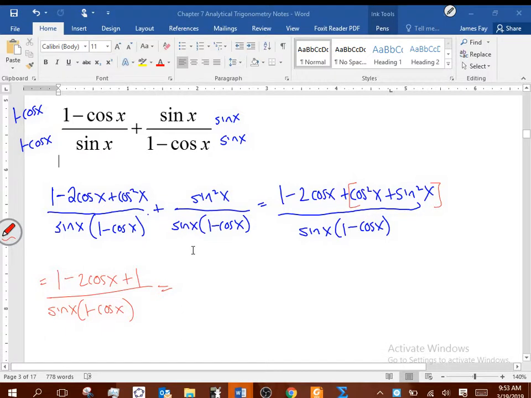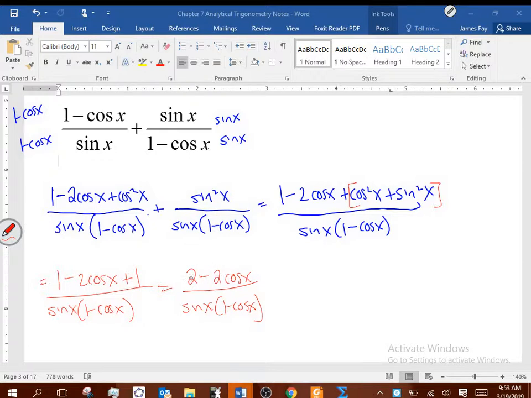What's that going to turn into? There's still algebra here that we can do, right? Okay, add the ones together. So 2 minus 2 cosine x over sine x times 1 minus cosine x, right? Now, the nature of this numerator and the nature of that factor right there are very similar, right?